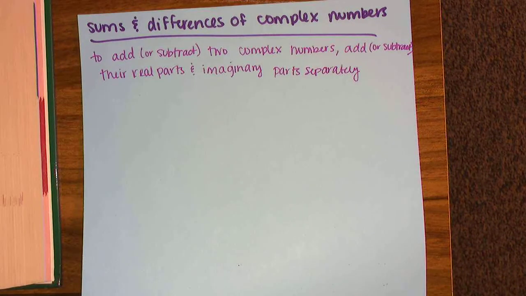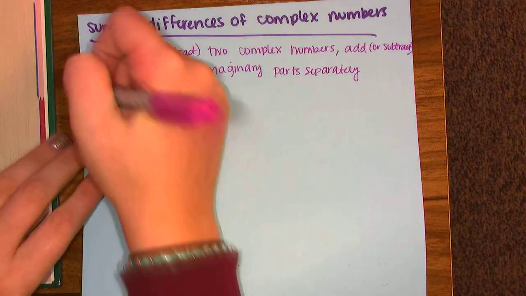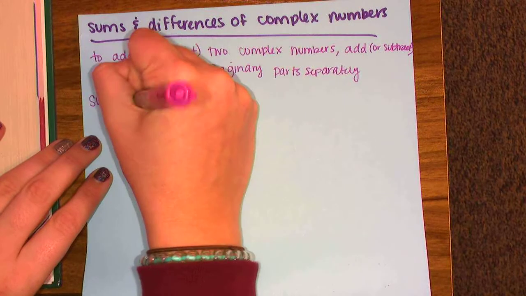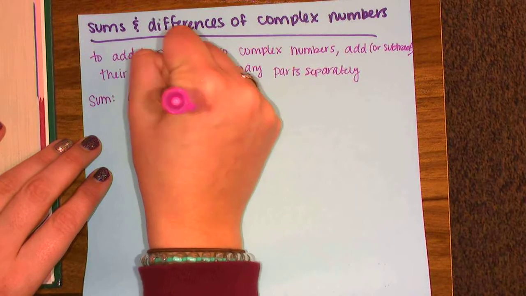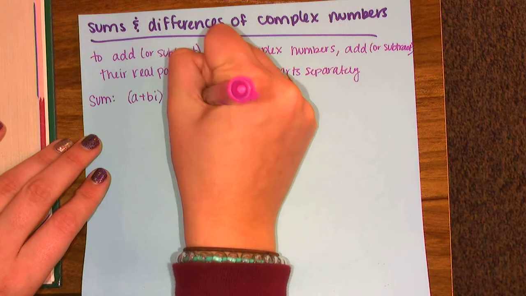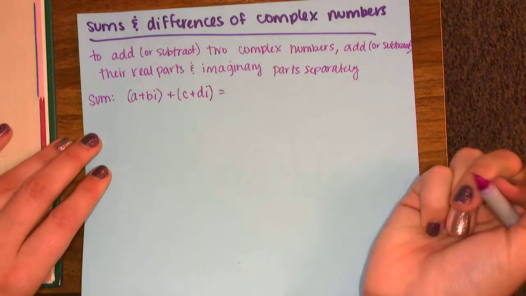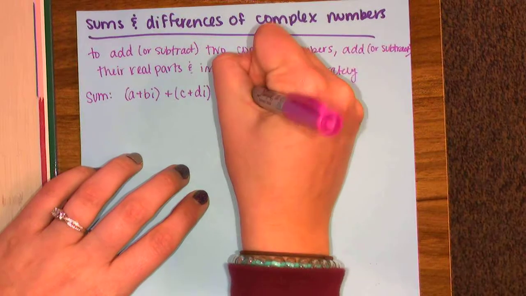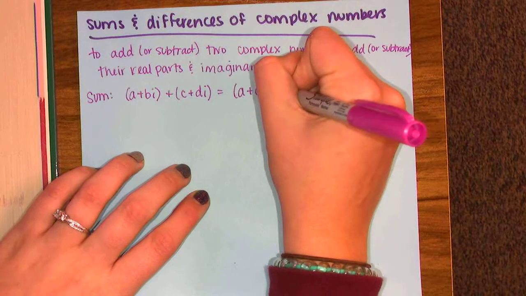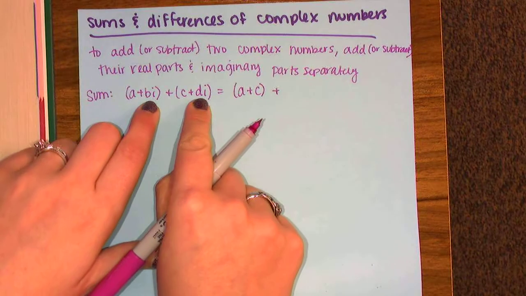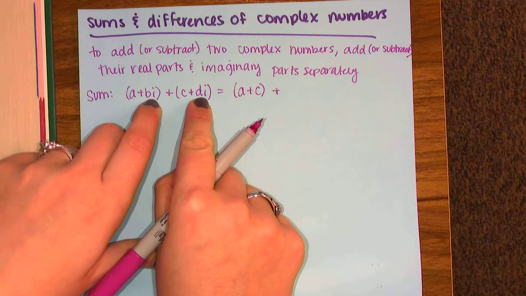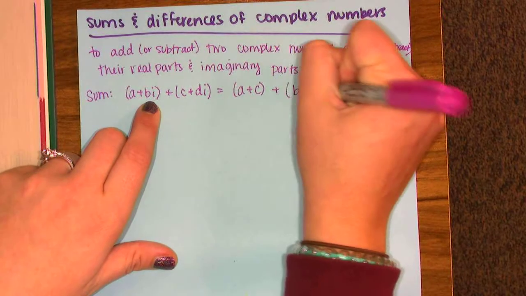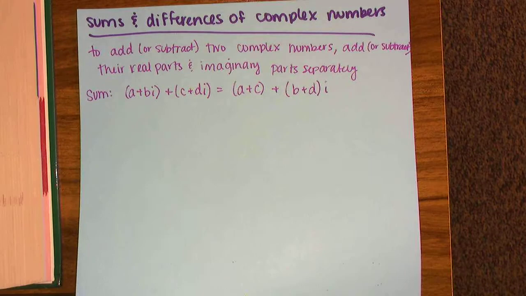So if I'm adding two complex numbers, I'm going to look at the sum first. I would have A plus BI plus C plus DI. I would want to break this up. I would want both real parts, so that's going to be A plus C, plus the imaginary parts together. They both have an I, so I can pull the I out. So I'm going to have B plus D times I.